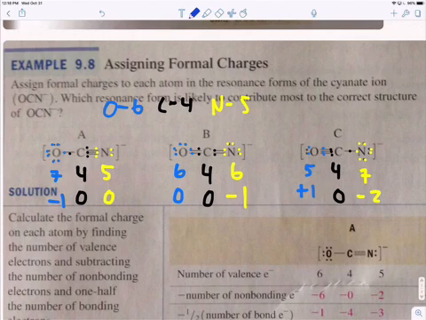Can you repeat that? Okay, of course. So for formal charge, the atom keeps all of its lone pairs and gets half of the bonding electrons. Then you compare the electrons that it has to what it originally has.